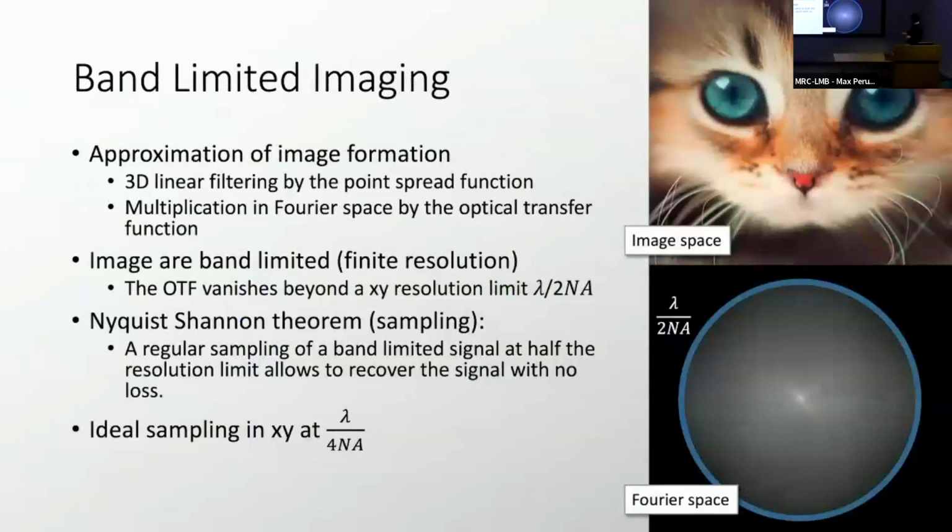This maximum frequency, which is collected by the optical system, is of the order of the wavelength divided by twice the numerical aperture. Again, we have this sampling theorem: if we have a regularly sampled band-limited signal at half the resolution, so twice the frequency, we can recover the signal exactly.